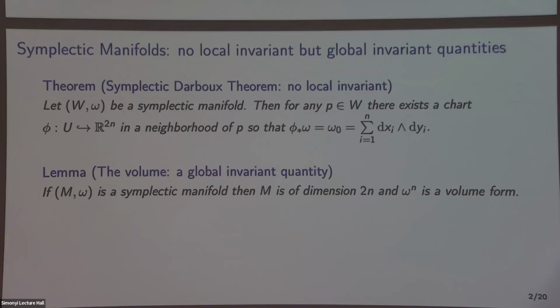Actually, you get a volume form because omega is non-degenerate. And if you have a diffeomorphism that preserves the symplectic form, so a symplectomorphism, it will also preserve this volume form. So you will be able to deduce volume as an invariant, which is a global invariant quantity. And then the natural question is, is symplectic geometry more interesting than volume geometry? When you have a symplectic form, can you deduce more interesting global invariants?